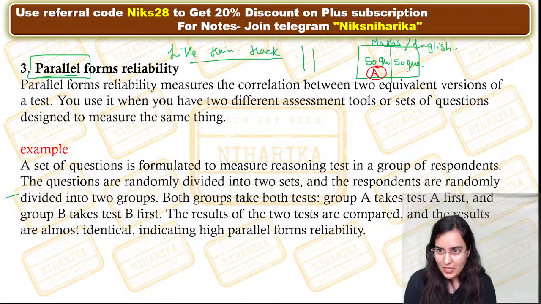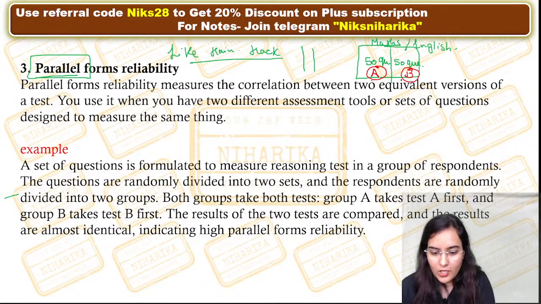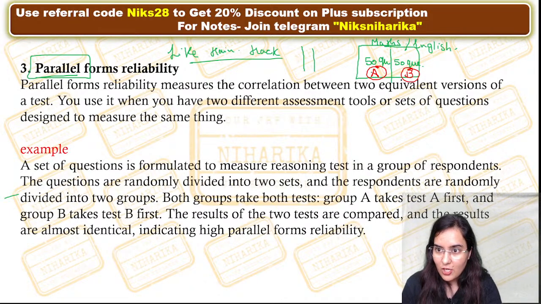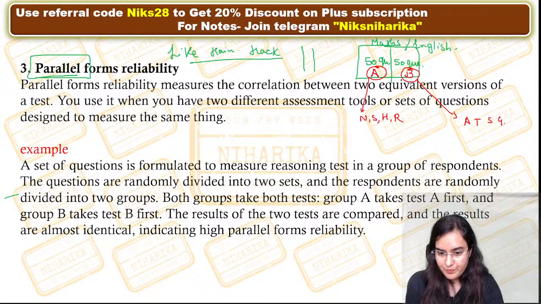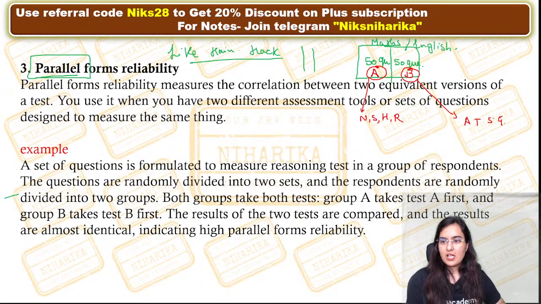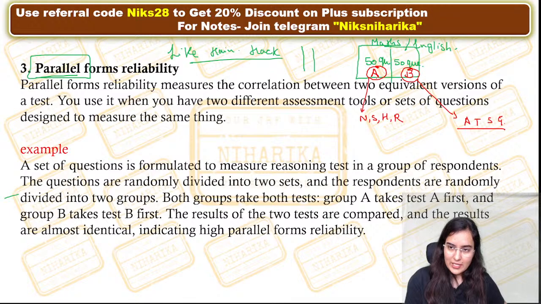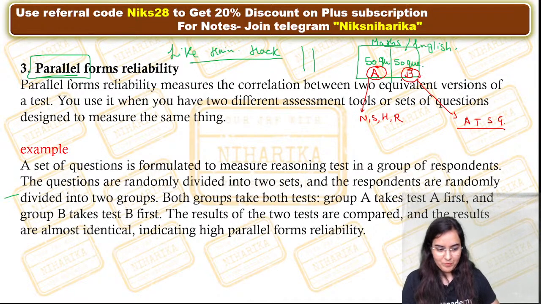Now test number A and test number B are there. Who is giving test number A right now? Nitesh, you are giving test number A. Shrishti, Himanshi, Rashmi, you are giving test number A. Test B is given by Ashwati, Twinkle, Sushmita, and Gurjot. So now you will take test A, you will take test B right now.